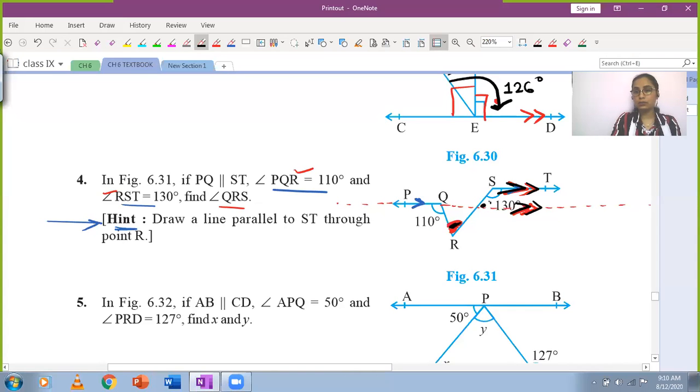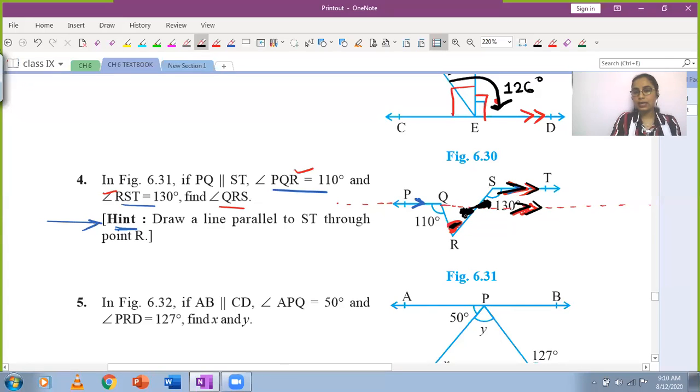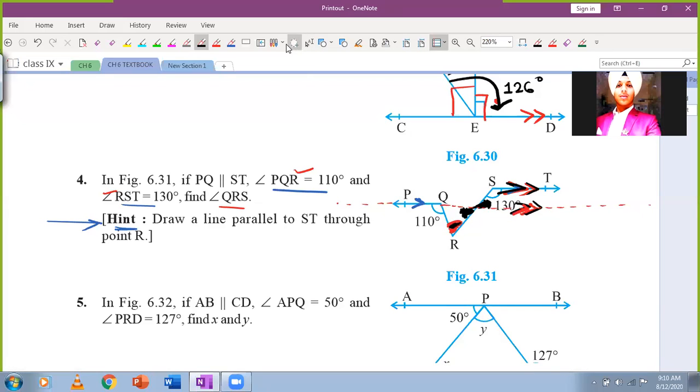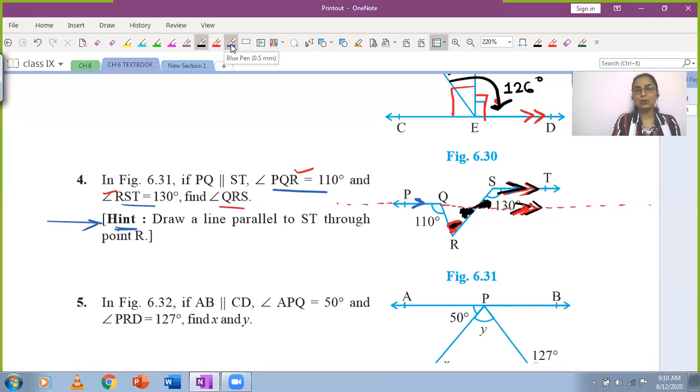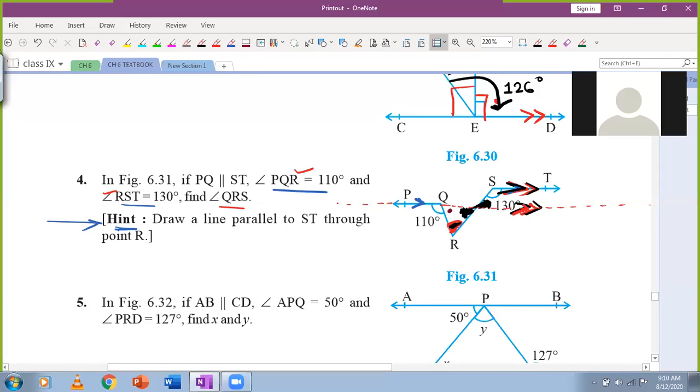From here, once you have this angle, you can find the vertically opposite angle inside the triangle. Then you can use linear pair to find the angle along with 110 degrees, and then apply the angle sum property in the triangle to find angle R. This is one way of doing it.